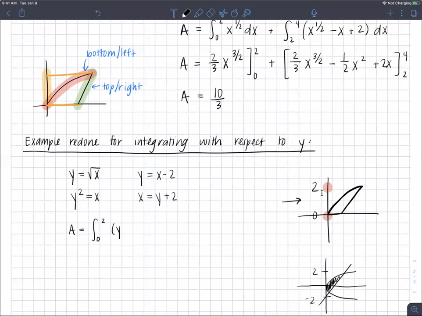It's not even f of x, because if I'm integrating with respect to y, I want to use these two things. I can call them f of y and g of y. So I'm going to have y plus 2 minus y squared, and then I'm going to integrate that with respect to y.